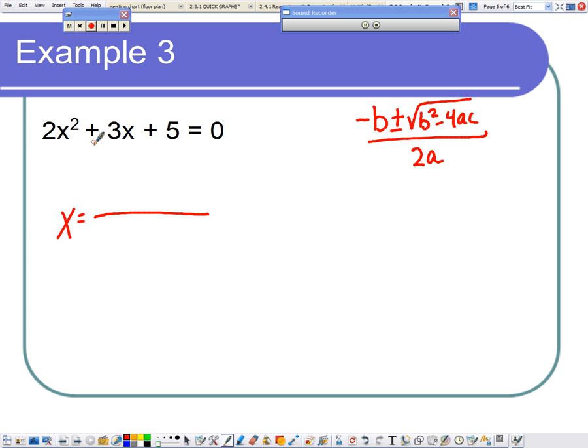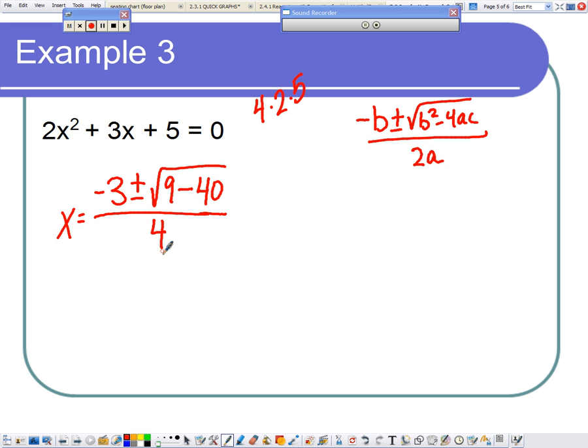Our b term is 3, so I'm going to turn it to its opposite, which is a negative 3, plus or minus square root of b squared, which is 9, minus 4 times 2 times 5. Well, 4 times 2 is 8. 8 times 5 is 40. So I get 40 all over 2 times 2, which is 4.